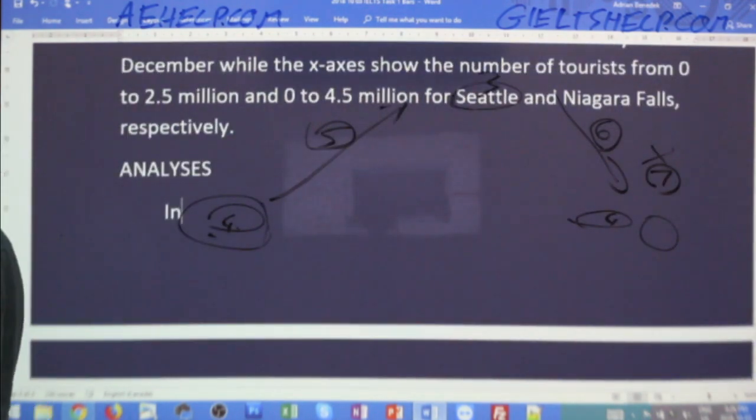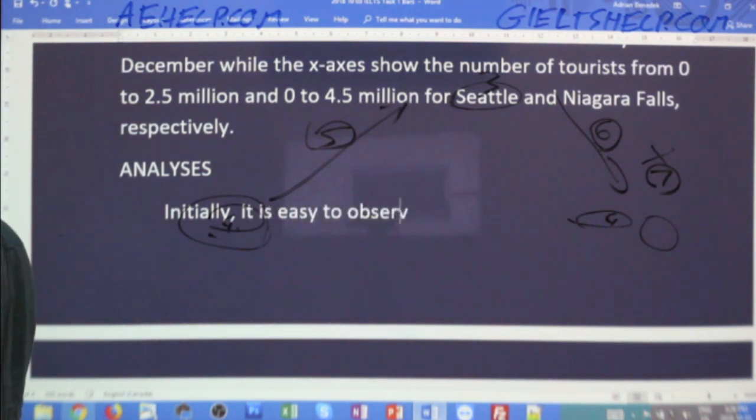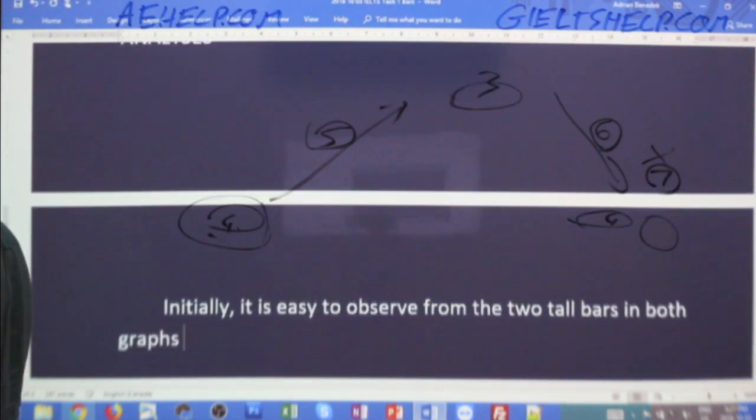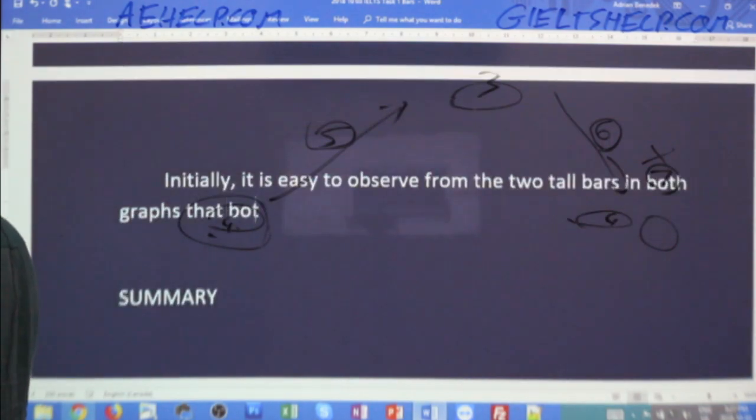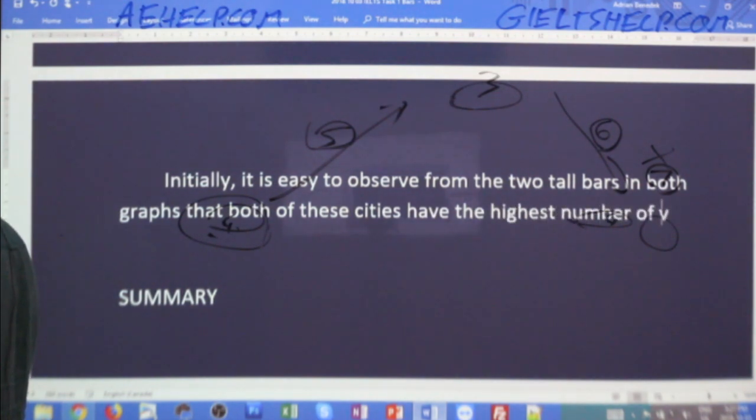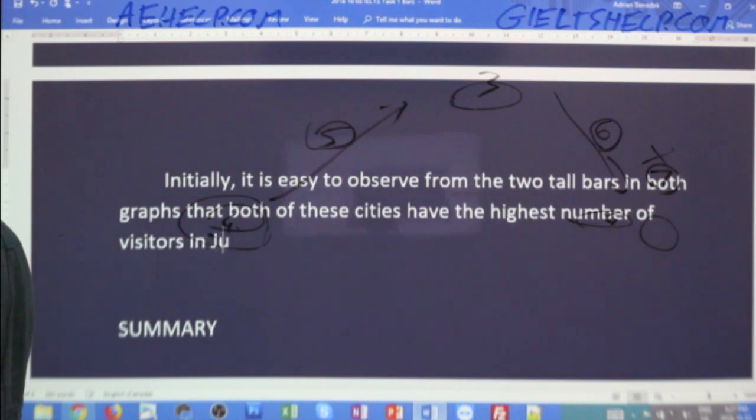So initially, it is easy to observe from the 2 tall bars in both graphs that both of these cities have the highest number of visitors in July and August, the summer months.